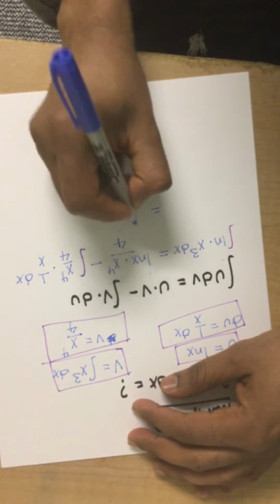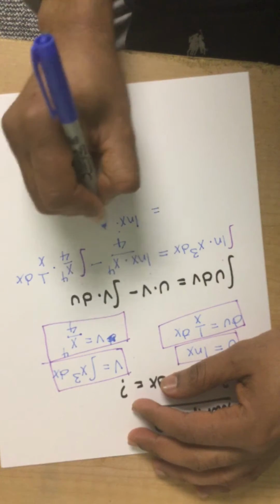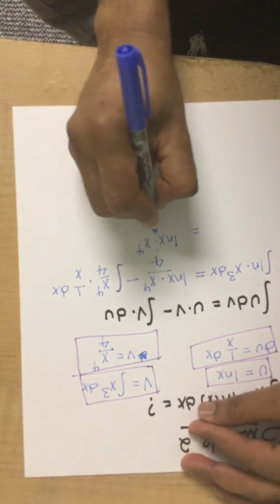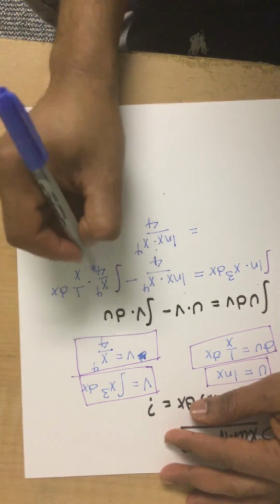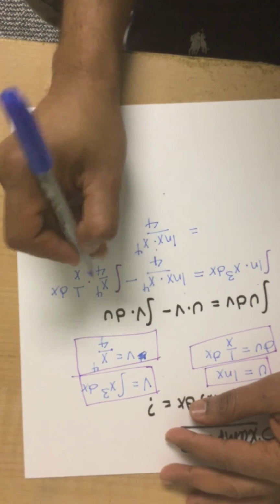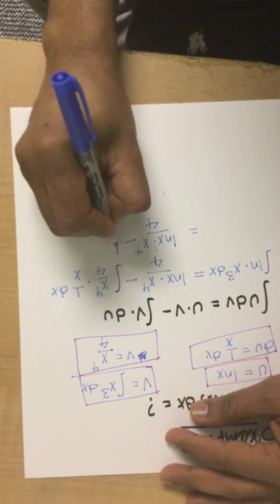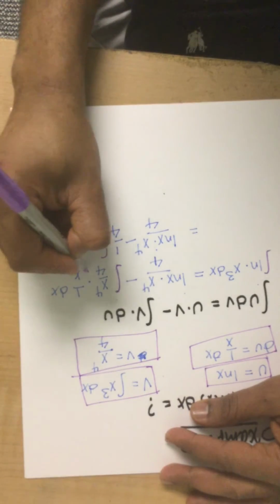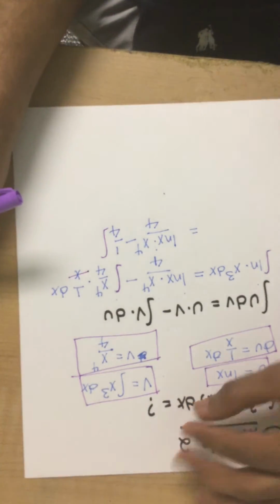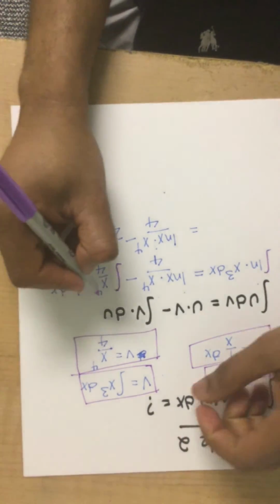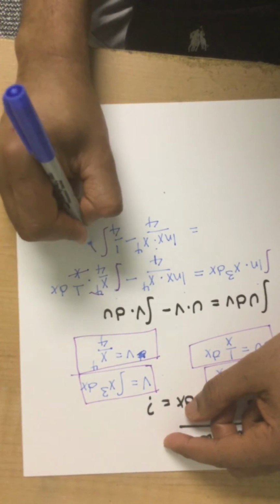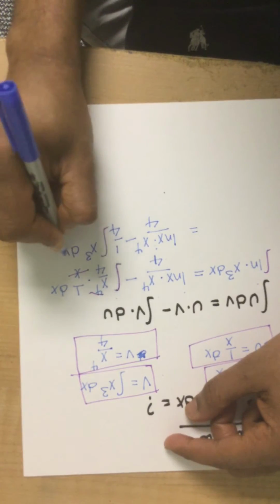This is always equal to ln of x times x to the power of 4 over 4. I can take the constant out of the integral, and I can cancel the x in the denominator with the numerator. Then I'm going to be left with only x cubed dx.